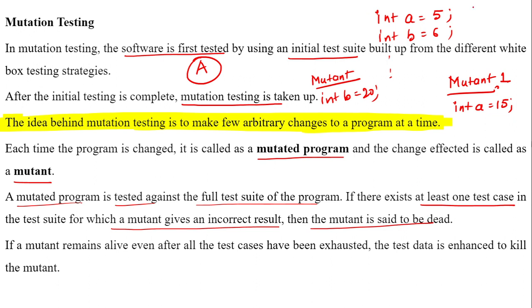For example, if this is an addition program and the result is 11 initially, suppose the value of b is changed but my answer is still 11, then this mutant is dead. I'm taking a very basic example: if I'm making changes and the mutant is giving the wrong output compared to the initial one, then we kill that mutant, that is we delete that mutant.